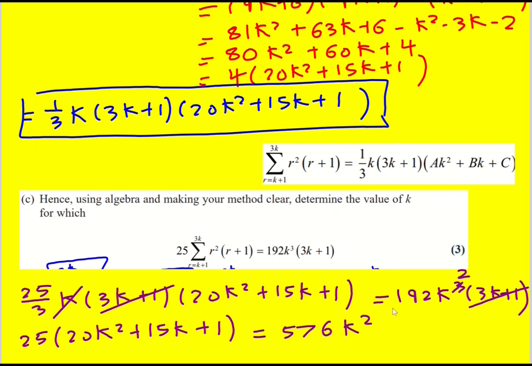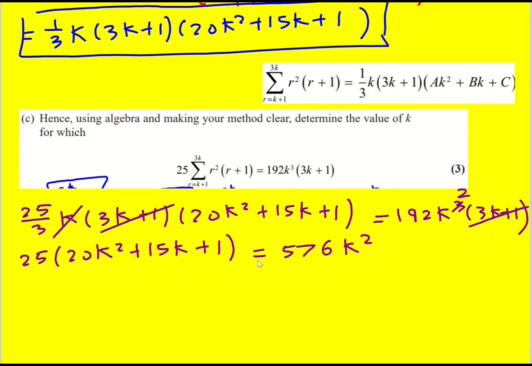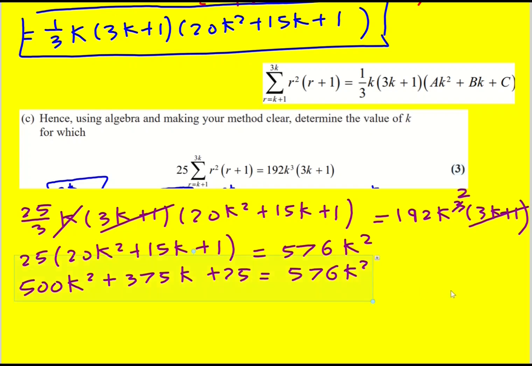So 25 times 20k squared plus 15k plus 1 is going to equal 3 times 192, which is 576k squared. This is a quadratic. Multiply this out, 500k squared plus 375k plus 25 equals 576k squared. Then minus all of the left from both sides, giving us 76k squared minus 375k minus 25 equals 0.